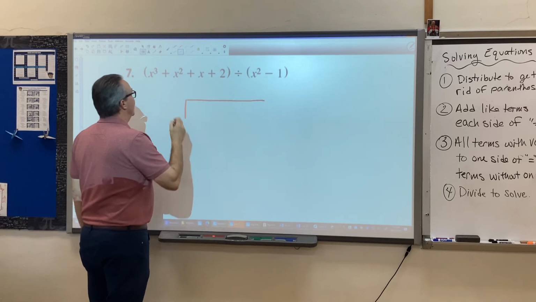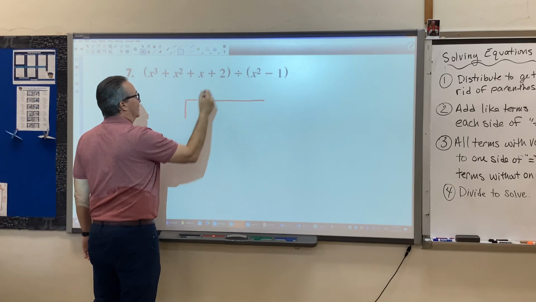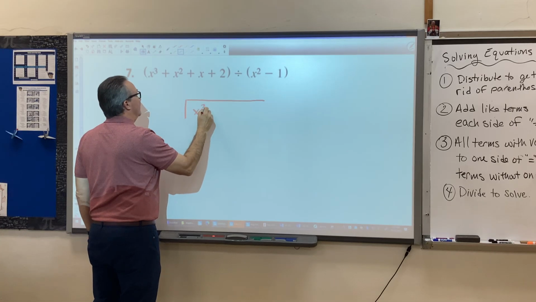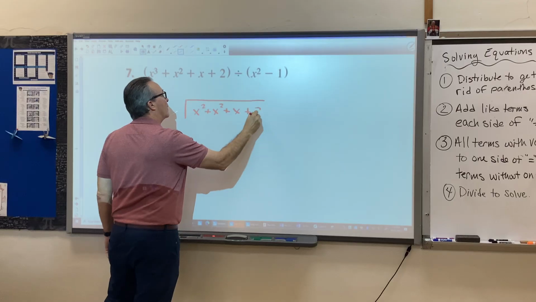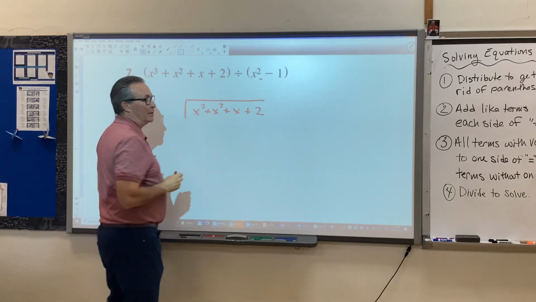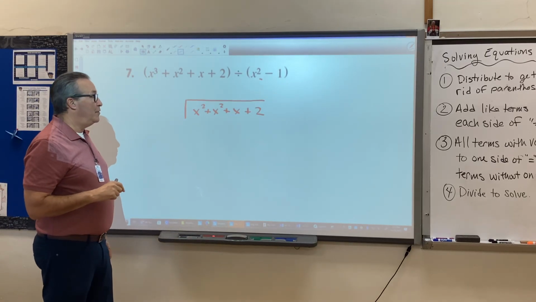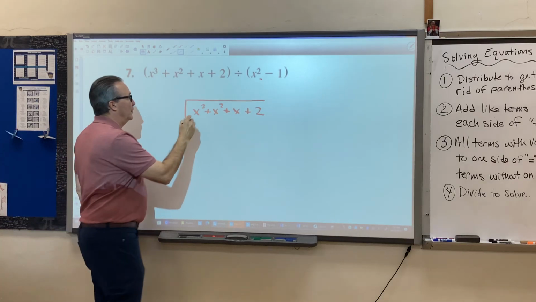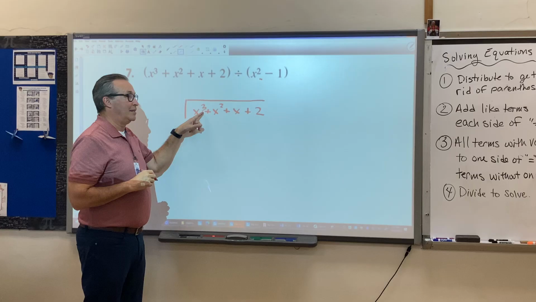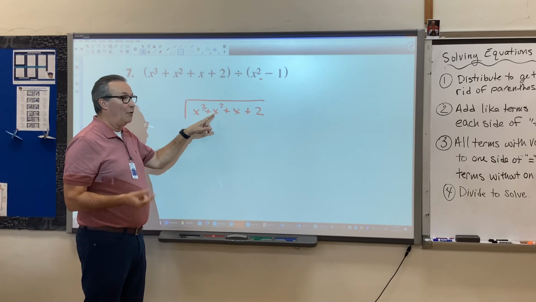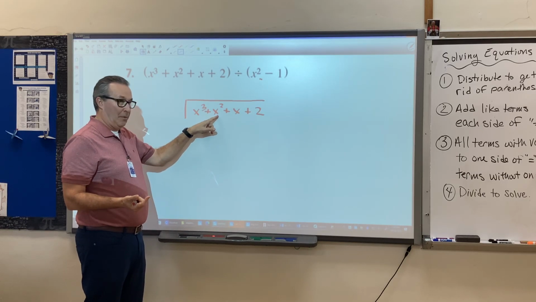So we're going to do long division. We're going to divide this dividend by this divisor. Now, you have to make sure all the powers of x are represented. So if it starts with x to the third, then you need a placeholder or an actual term with an x squared.